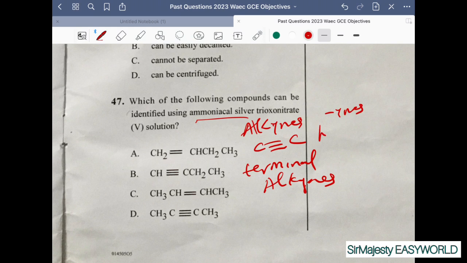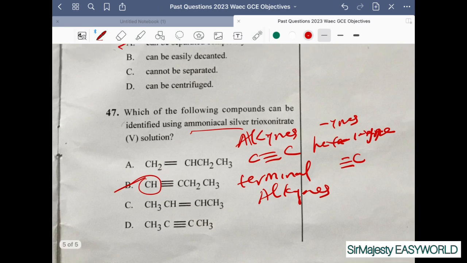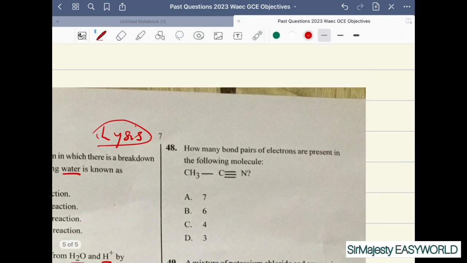Maybe if I say hex-1-yne, meaning that is towards the end, it dropped one carbon on one side. This is 1-yne, which is option B because it dropped only one carbon here. Therefore, the answer is B. It is not D because D is not a terminal alkyne either.